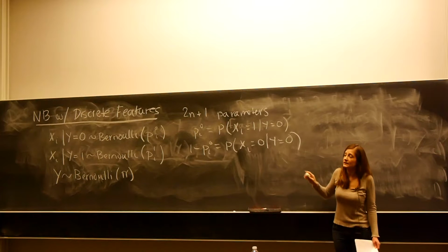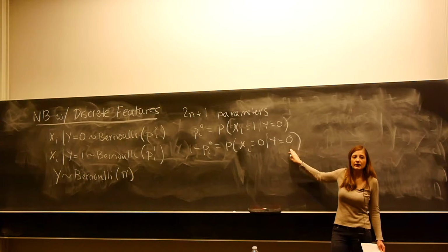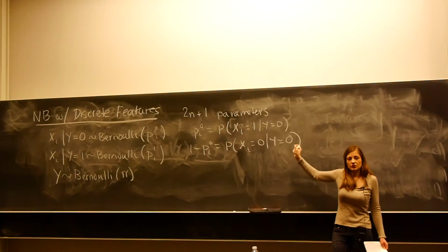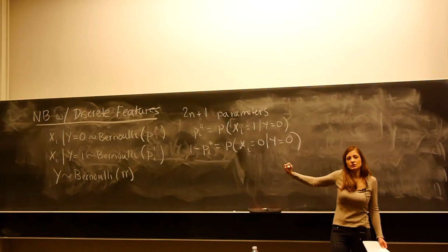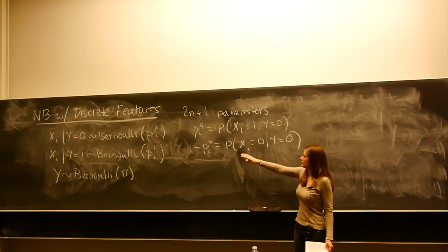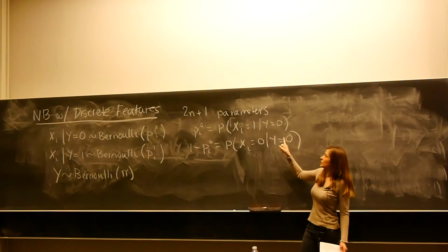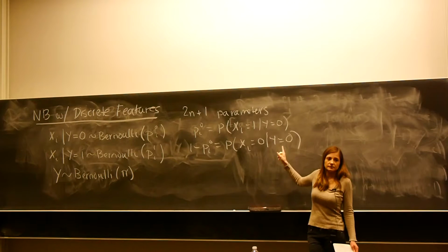So these two probabilities, the probability that xi equals 1 and xi equals 0 conditioned on a particular value of y, are fully determined by one another, right? Because they have to sum to 1. But you need a totally different parameter to specify the probability of xi equals a particular value given y equals 1, right?